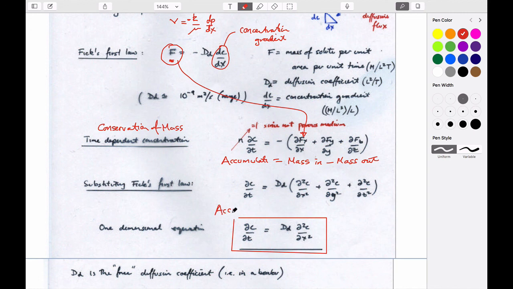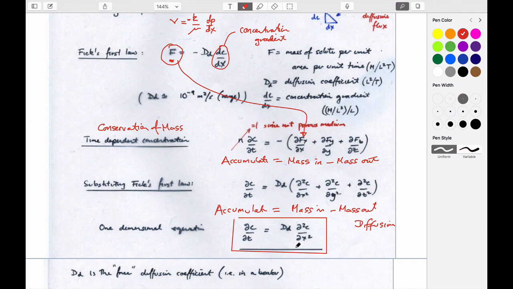Accumulation equals mass in minus mass out. But this is the mass that comes in due to diffusion. And it's a second order PDE. That doesn't really matter particularly. It just means that we can apply boundary conditions to it, and we can solve it for some geometries that might be relevant to us.